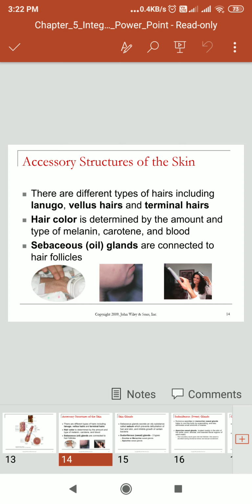There are different types of hairs, including lanugo, vellus hairs, and terminal hairs. The hair color is determined by the amount and type of melanin, keratin, and blood. Some people have brown hair, some have white, and some have black.